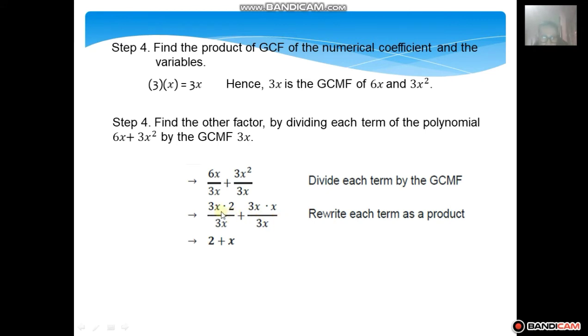When you divide the same bases, subtract the exponents. So the exponent of the variable x will become 0, and once a term is raised to 0, the result is 1. We could also apply cancellation, so this term will be cancelled out. What will remain? The first term we have 2, then positive x. This is now the other factor that we are looking for.